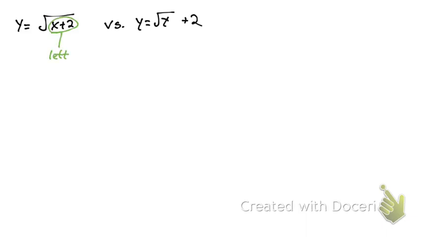So that actually goes left. If it's outside the square root, then it's going up. So anything inside the square root, inside where it's being squared, so x plus 2 squared versus x squared plus 2. Just be careful where it is. Inside, left or right. Outside, up or down.